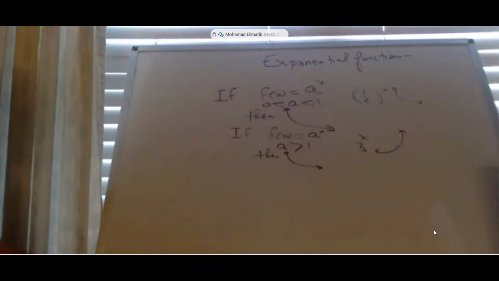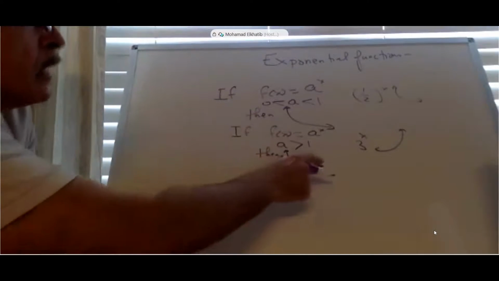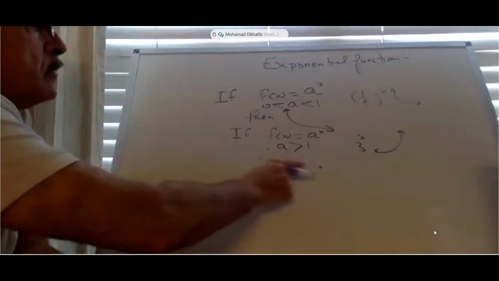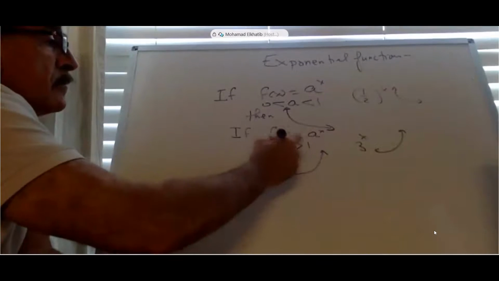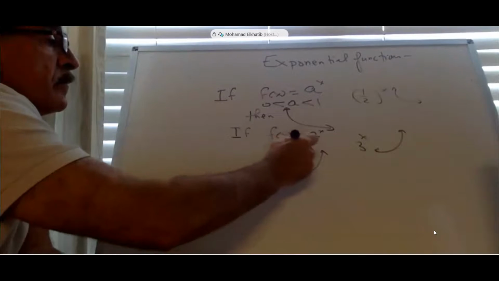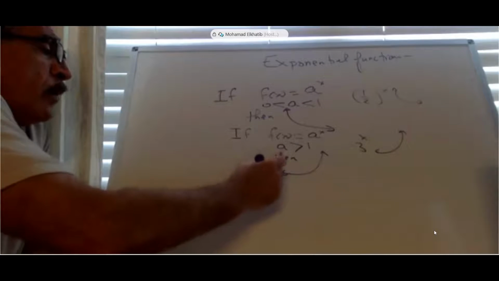If a is larger than 1, like 2 to the power x, 1.5 to the power x, 9 to the power x, then the graph is going to go up.